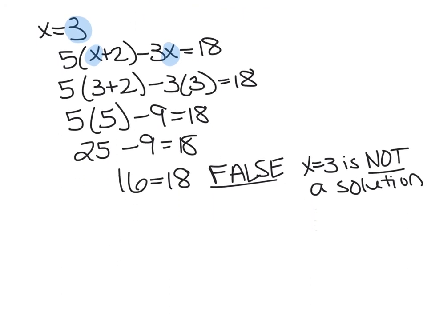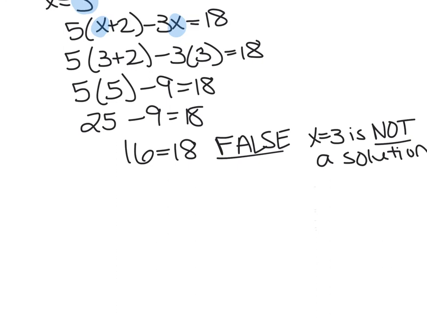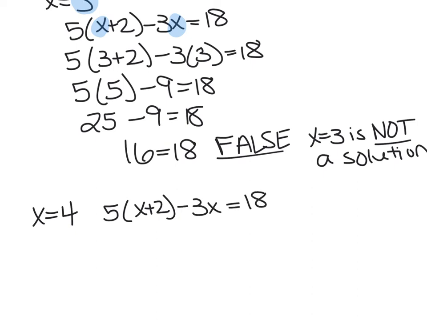Okay, so far we've got 2 numbers that are not a solution. Let's try the next one. x equals 4. Remember, our equation is 5 times x plus 2 minus 3x equals 18. So this time, instead of an x, I'm plugging in 4.